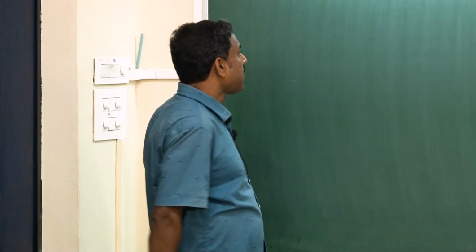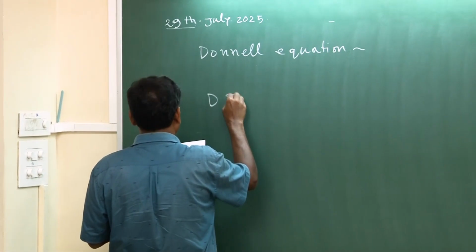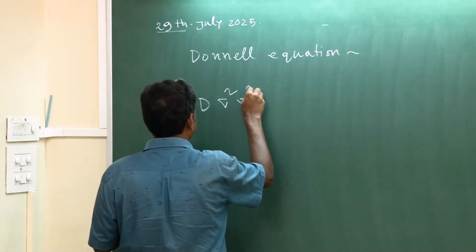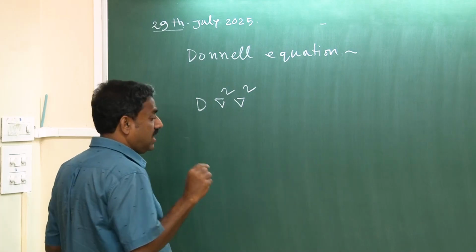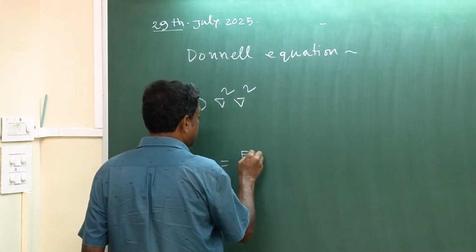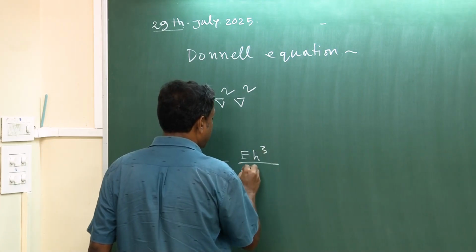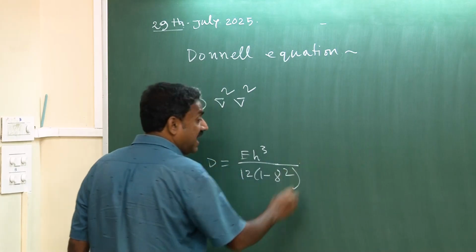If you recall, the governing equation looks like D lambda square, and D is nothing but the flexural rigidity of the shell section. It is E h cube divided by 12 into 1 minus nu square, the same as in a plate.